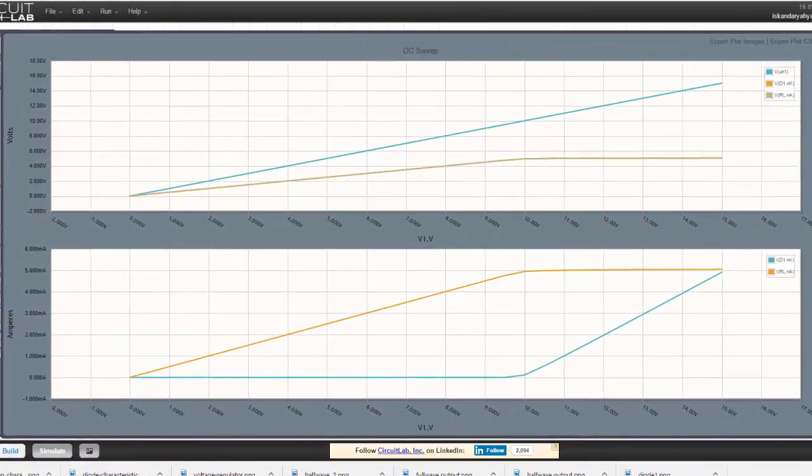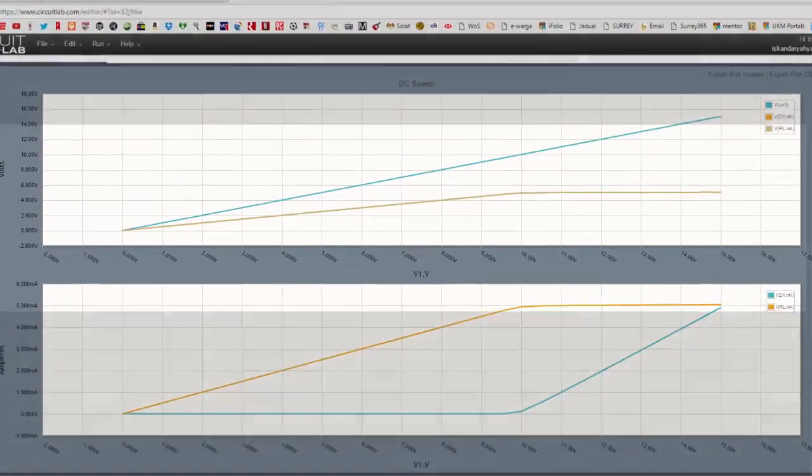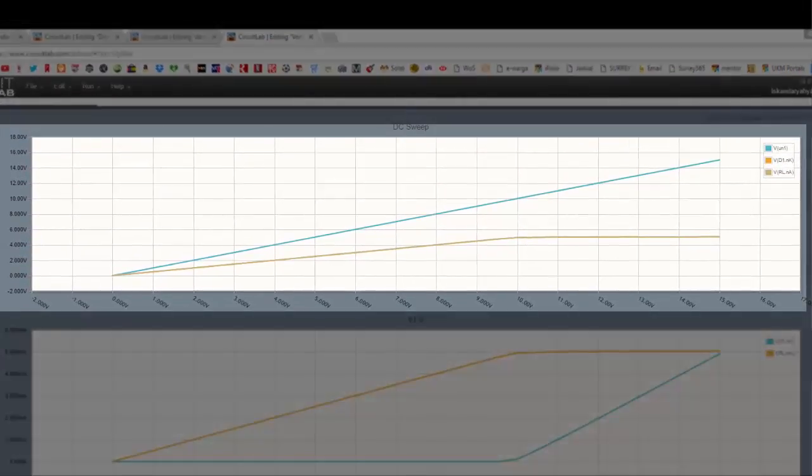Let's look at the first graph. The first graph is showing voltage versus voltage. Basically, what we are looking at is what are the voltage across the load resistor, and also across your diode. So the blue line or the green line here is basically your input voltage. So it goes from 0 all the way to 15.